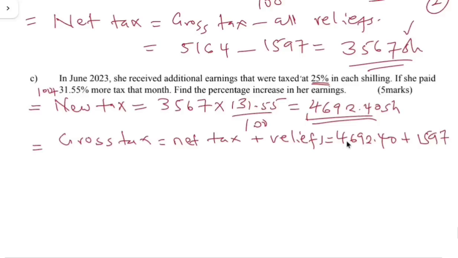Okay, so if you just take this plus 1597 gives you a total of 6,289.40. So this is your gross tax.